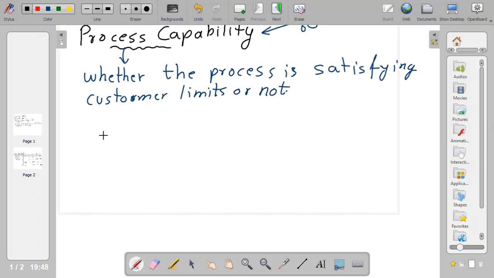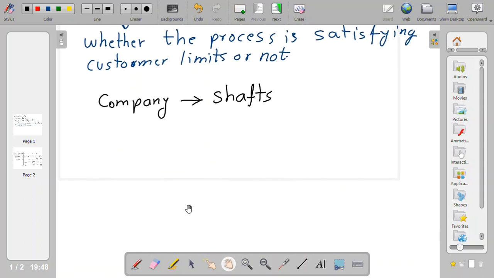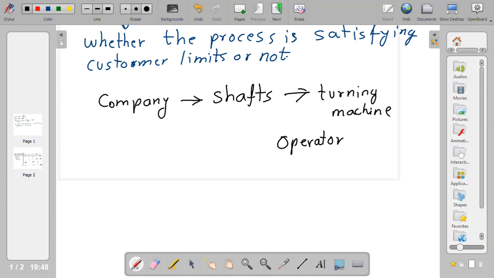Suppose there is a company which is manufacturing shafts, okay? For manufacturing a shaft, definitely what are we using? A turning machine, right? Turning machine. So there is an operator, okay?